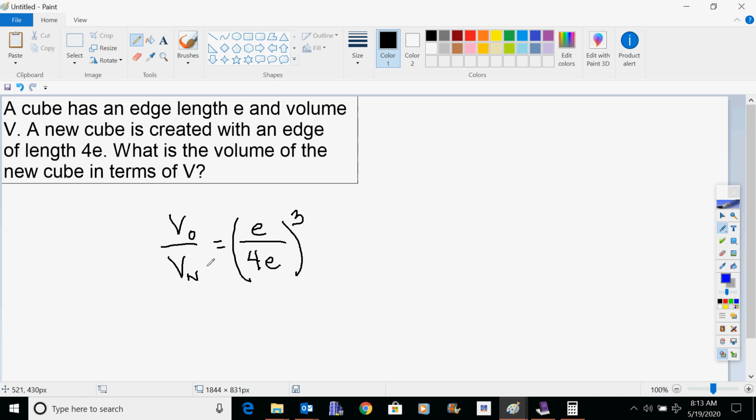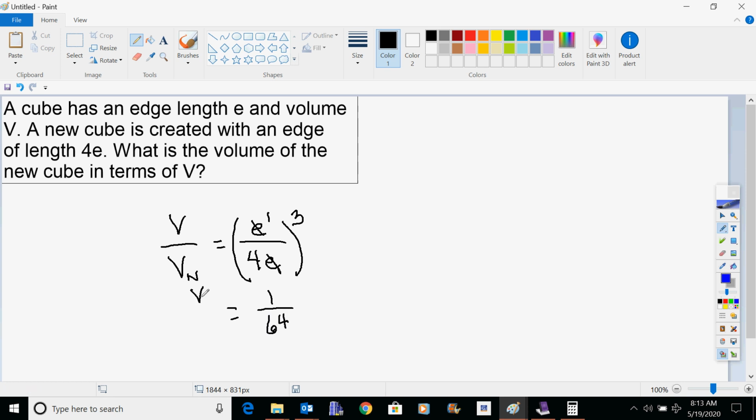Now the volume of the old one is v, so we don't even need this subscript. The volume of the original one is v. We want to know the volume of the new one in terms of v. So what we're doing here, we can cancel out these e's again. 1 times 1 times 1 is 1. 4 times 4 times 4 is 64.